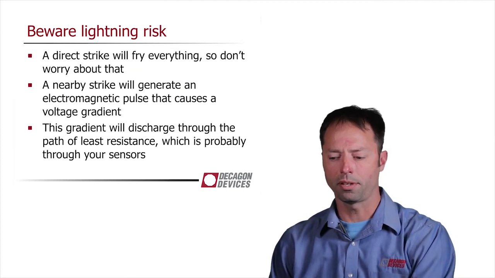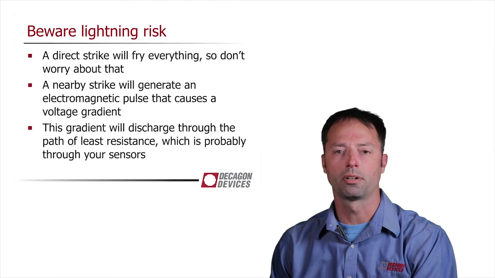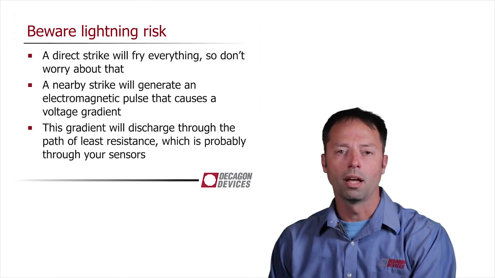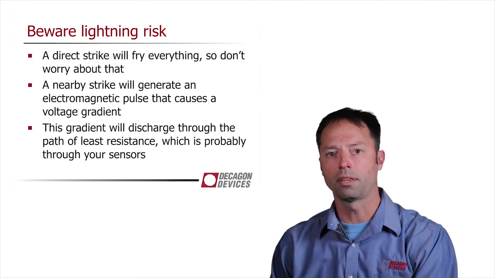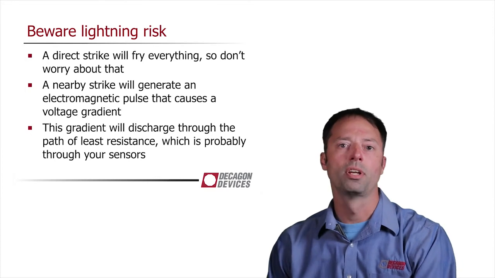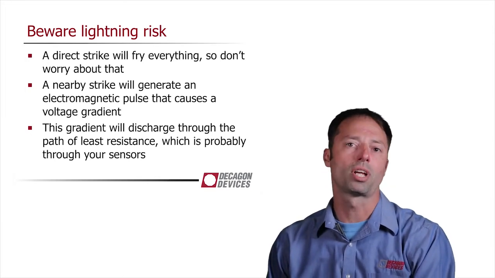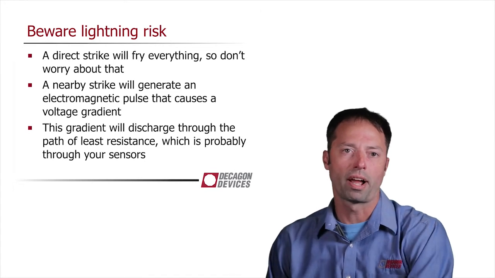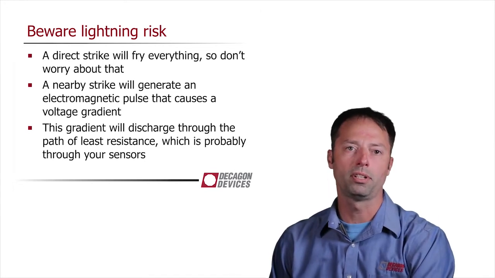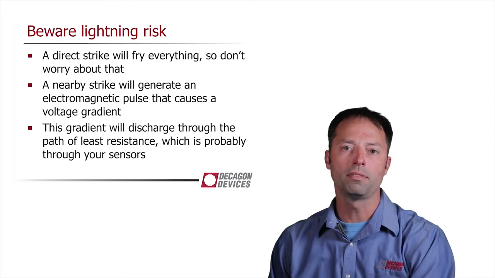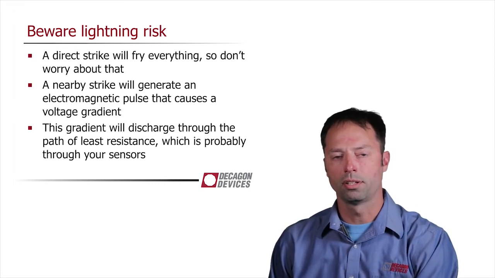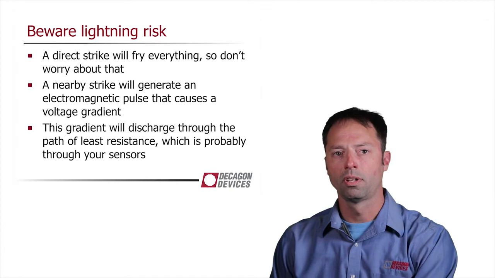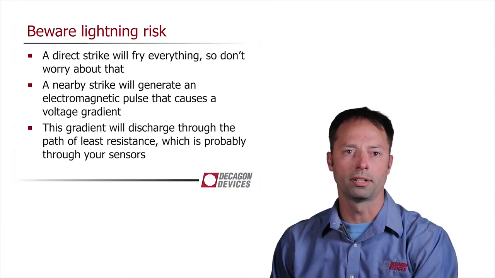And another thing that I would like to address briefly are the potential for lightning strikes. Basically, if you've got these large dispersed sensor networks, you could be building a giant lightning collector in the ground. A direct strike will fry everything, so you don't really need to worry about that. But even nearby lightning strikes can generate electromagnetic pulses that can cause a voltage gradient.